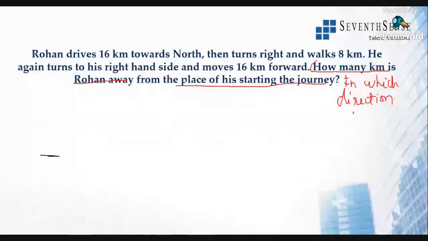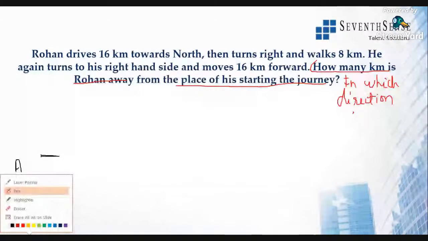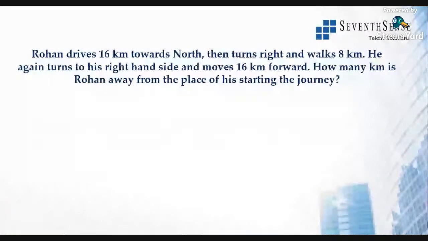This is the starting point, A. Now what are they telling? He goes 16 kilometers towards north. I'll draw it a little lower so that it will be proper. So I'll have a starting point A here, and he travels 16 kilometers towards north.